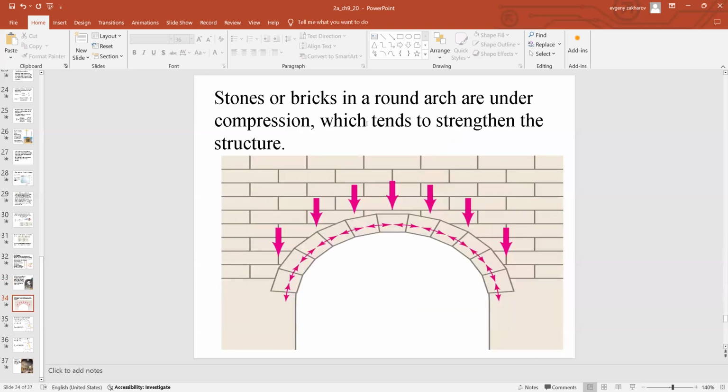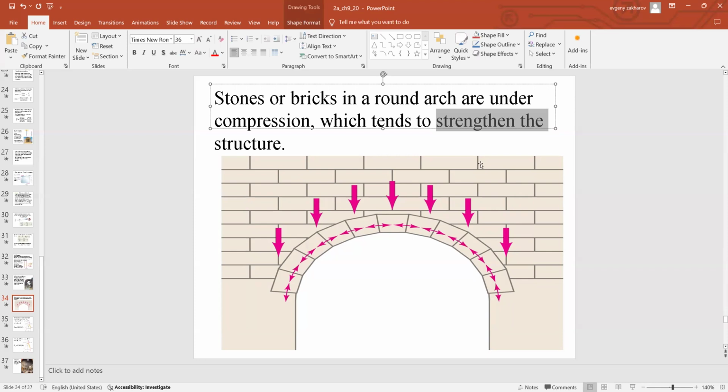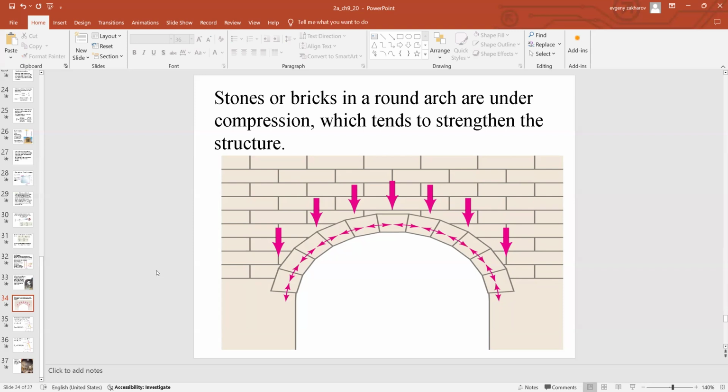See how stones or bricks in a round arc are under compression, because the top layer would put a pressure on the bottom layer, and that is your key to strengthening the structure. So the whole structure will be able to withstand larger loads. That's the idea behind it.